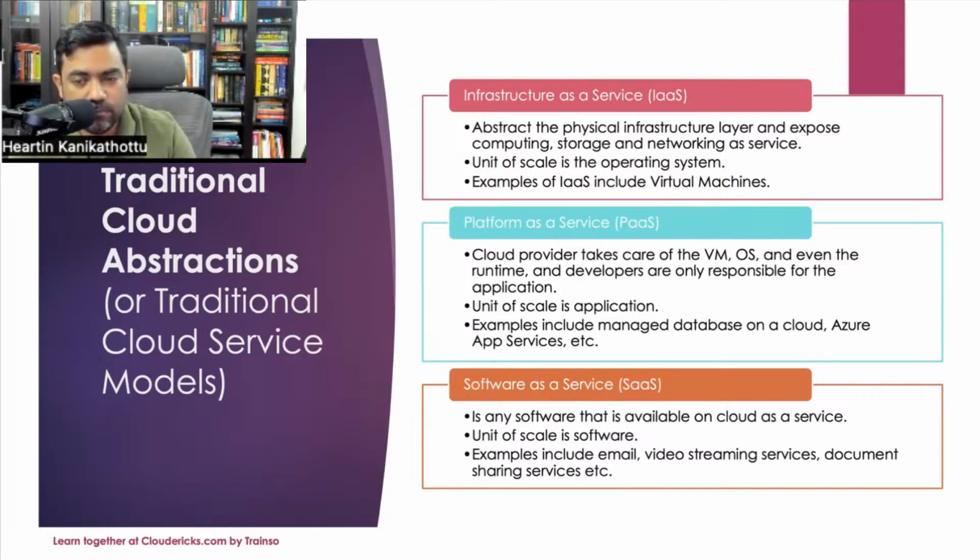Similarly, when the next evolution comes, people will move to that. So there will be trade-offs, right? Some of the evolutions will have some trade-offs. So that is where architects come in and decide. They consider cost, they consider the future of the company, they consider feasibility, they consider portability, and all these things combined, they will take a decision to go with IaaS or PaaS or the newer ones such as serverless and others.